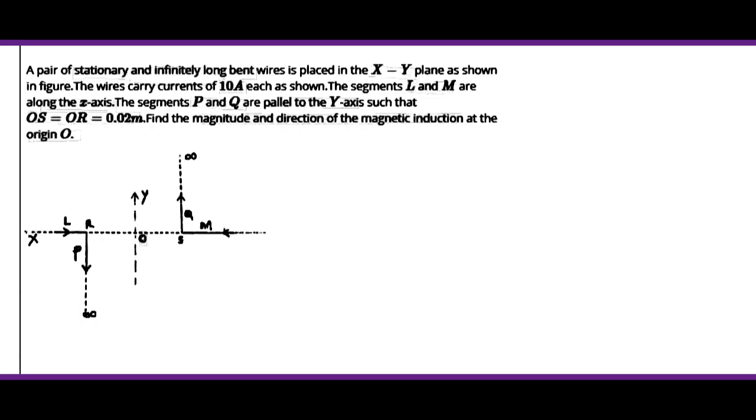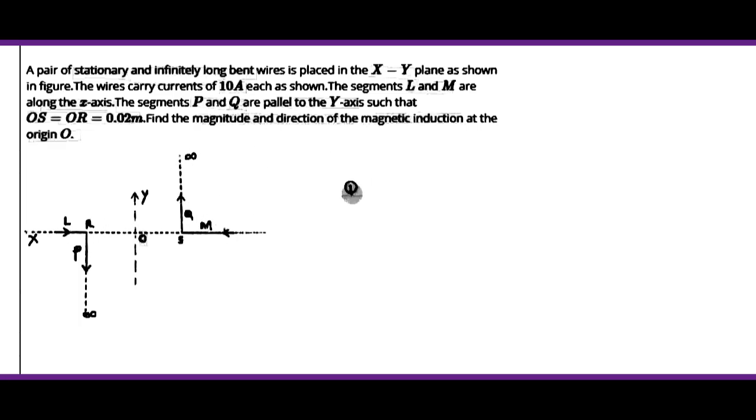Alright, so here we can see in the diagram there are two pair of bend wire that has been given, that is LP and MQ. So here we can see M and L are lying along the x-axis.